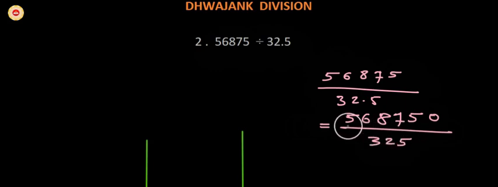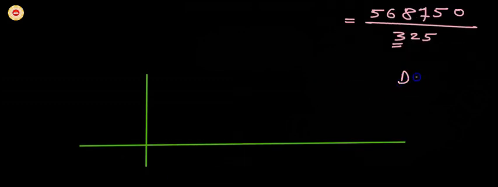Now let us divide 5,68,750 by 325. Okay. Now divisor is 325. Let us bifurcate given divisor 325 in 2 parts. Let us make these 2 digits, units place digit and tens place digit, flag digits, and let us make hundreds place digit 3 an actual divisor.